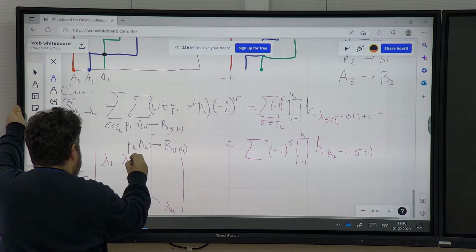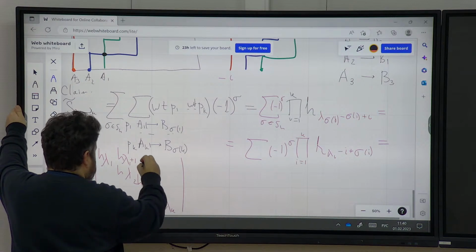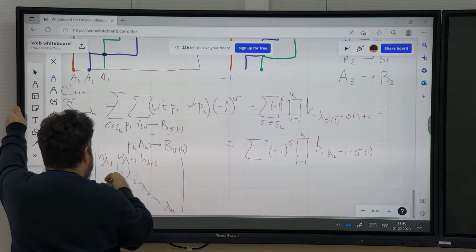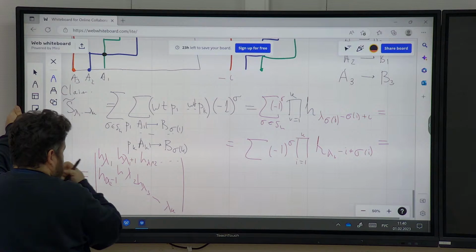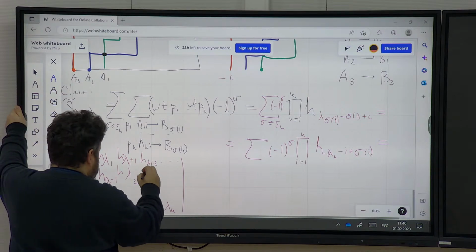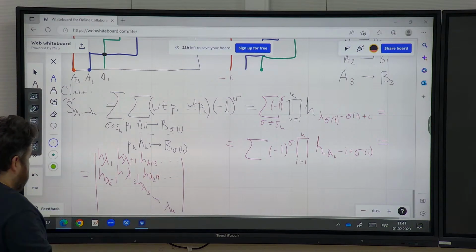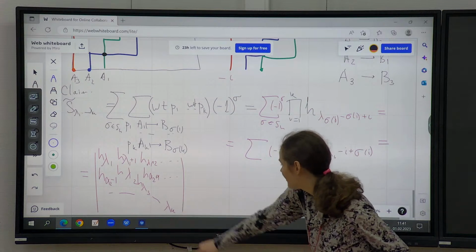Then h lambda 1 plus 1, h lambda 2, h lambda 3, h lambda 1 plus 2, etc., h lambda 2 minus 1, and so on, h lambda 2, h lambda 2 plus 1.